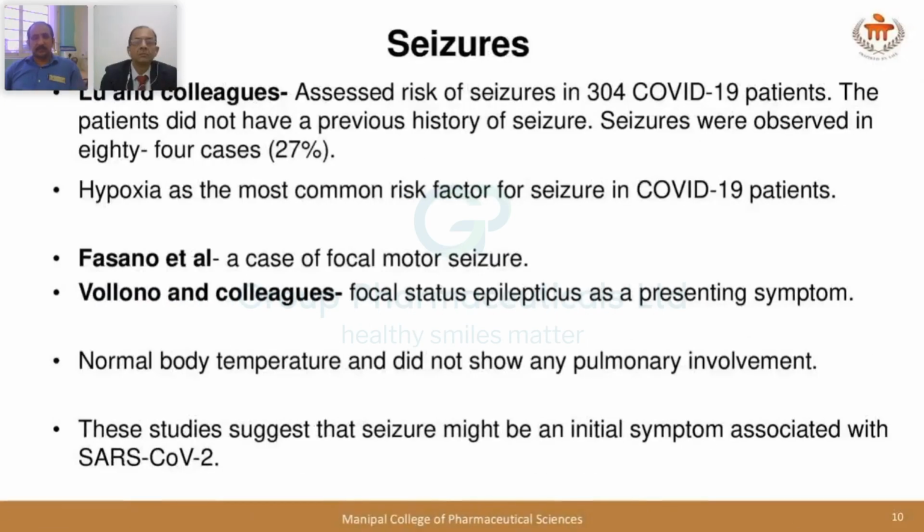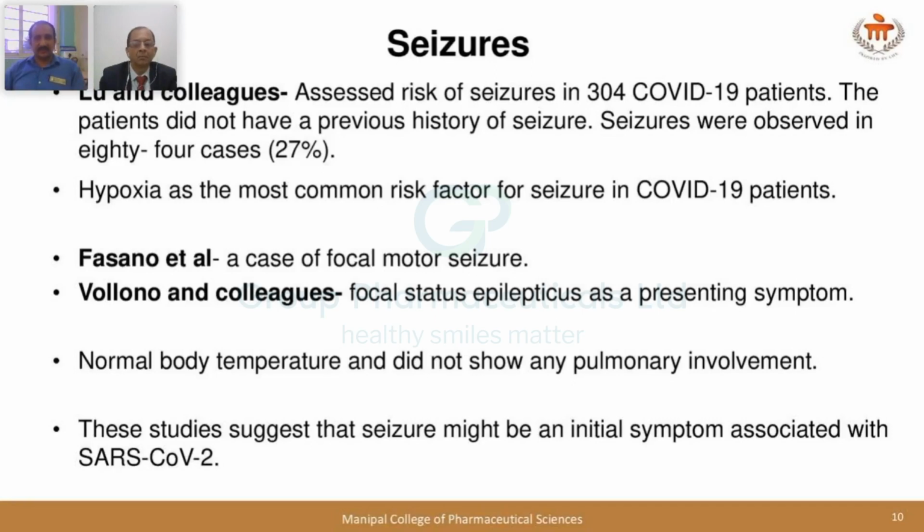One of the neurological disorders is seizures. In the initial stages of COVID-19, one of the important studies was conducted by Liu and colleagues. This study was conducted in Hubei province in China, which was the epicenter of COVID-19 at that point of time.